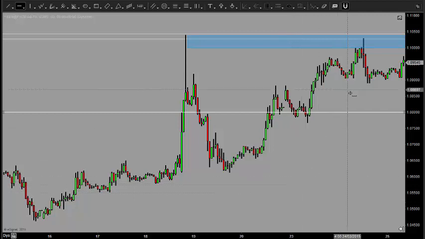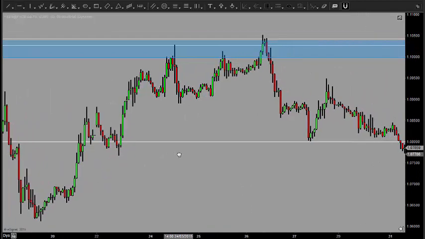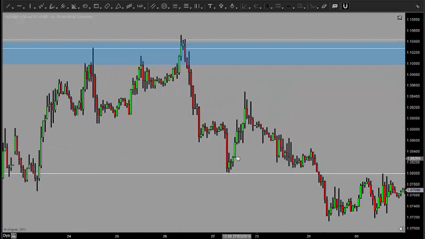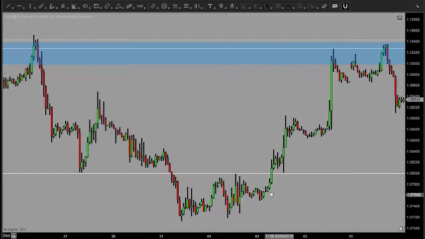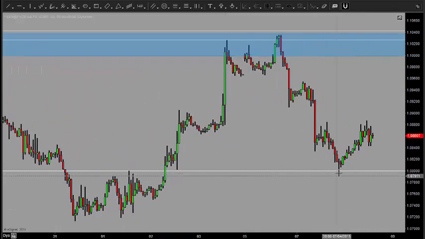There's some near term demand sitting there, and when you start coming through, there we go. You saw that demand area before. Now this is obviously near term demand, so we've got to really look at the current chart. But you can see what's happened here.